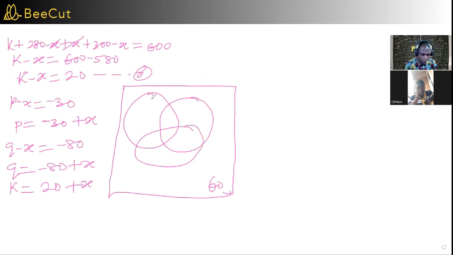First one is comedy, second one is fantasy, last one is romantic. So here I have X. In this place, what do I have? 250 minus X. Then here, what do I have? 280 minus X. Then at the other one, I have 300 minus X.